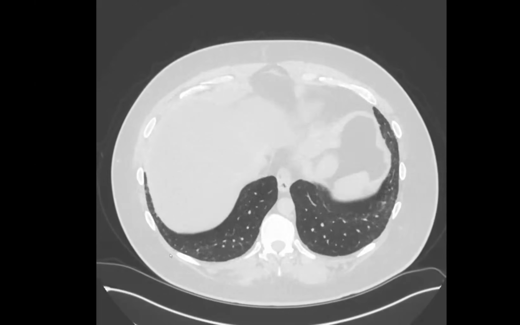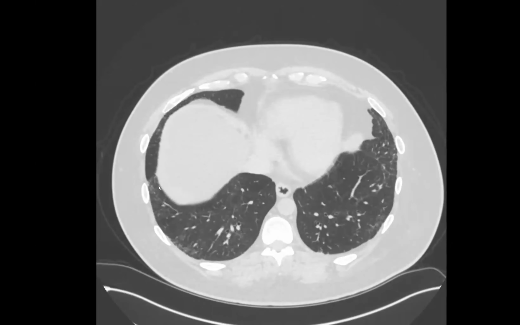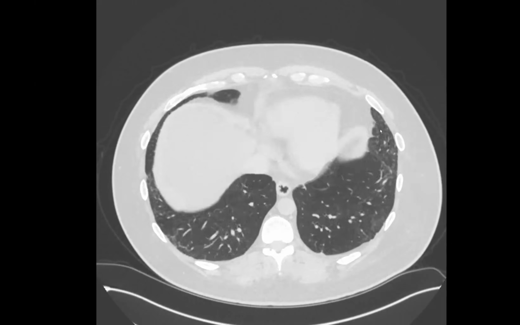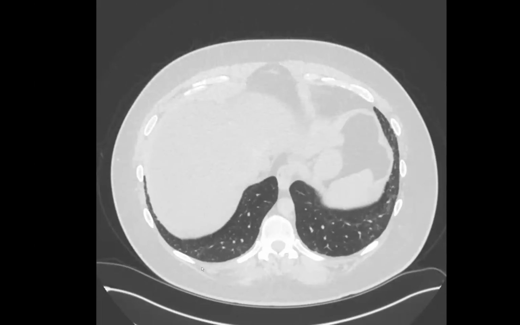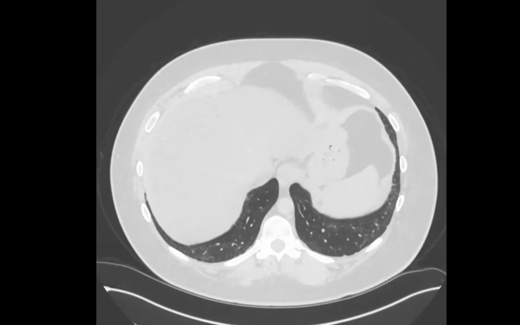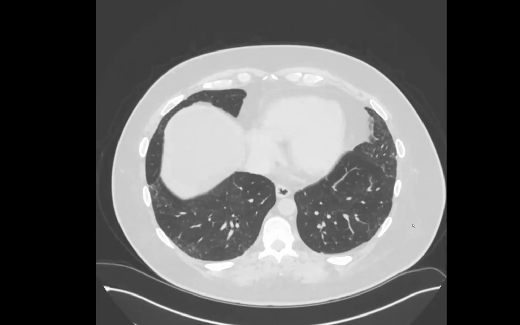So this is non-specific reticulation, present predominantly in the lower and peripheral areas. This is an NSIP, non-specific interstitial pneumonia pattern. Whenever seen, we have to look for a secondary cause because an NSIP pattern is rarely idiopathic.